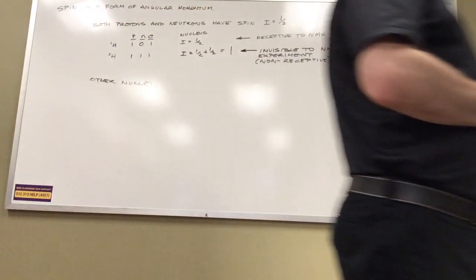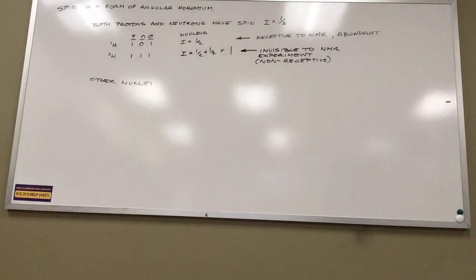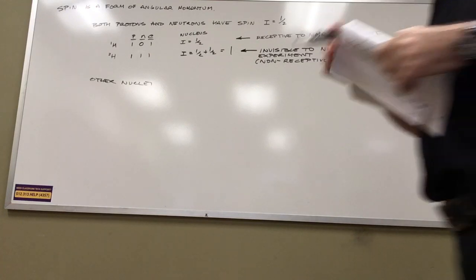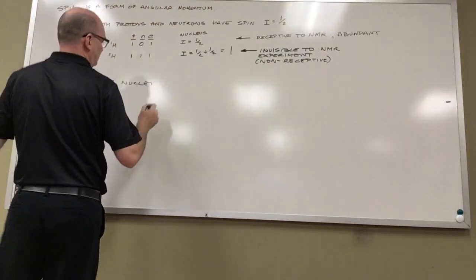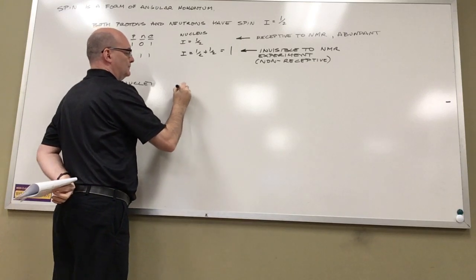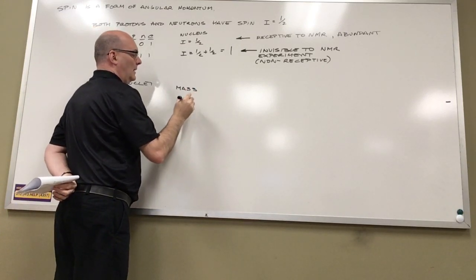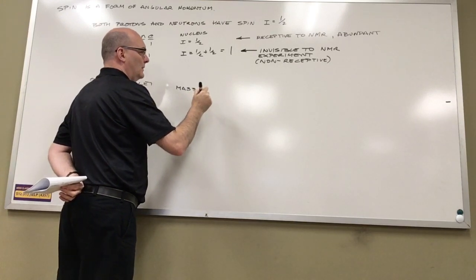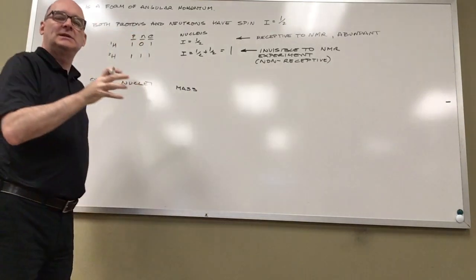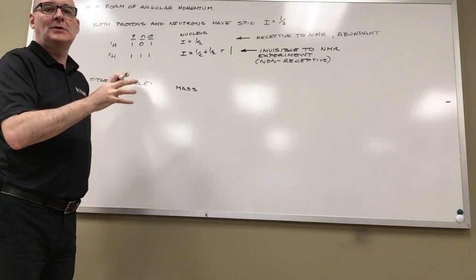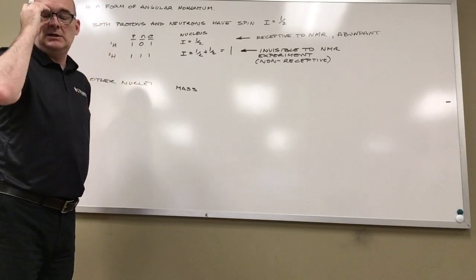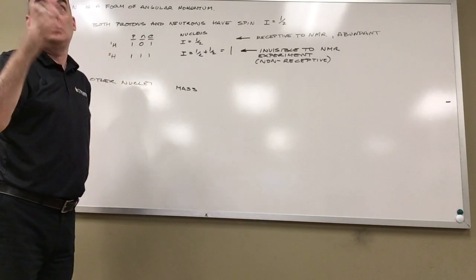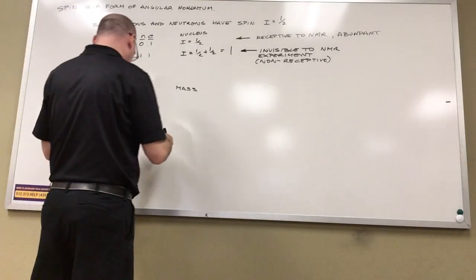If we pair protons and neutrons together, I have two real possibilities, and then each of those two possibilities is subdivided into another two possibilities.